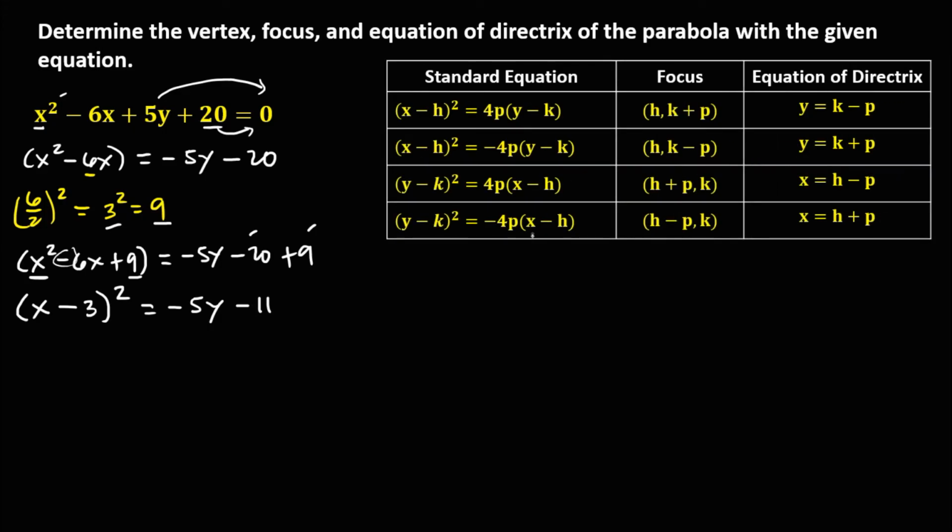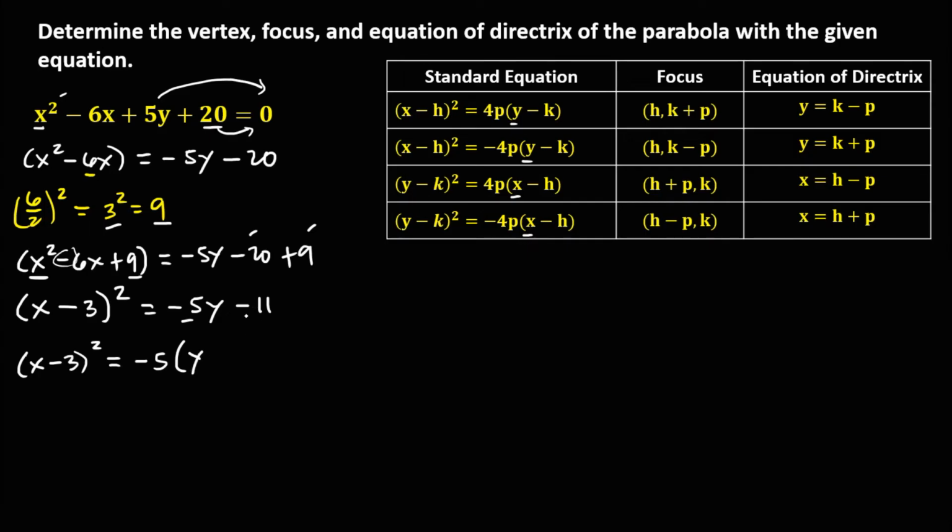Then from the standard equation, there is no numerical coefficient or numbers on the variable of the right side. So therefore, we need to put this negative 5 outside. So we have x minus 3 to the power 2 equals. So put this negative 5 outside. So we have now y.